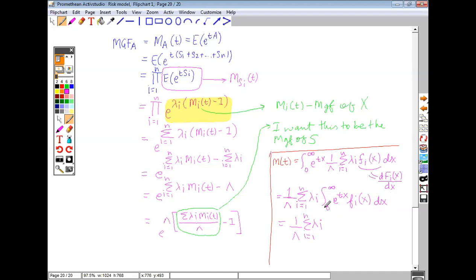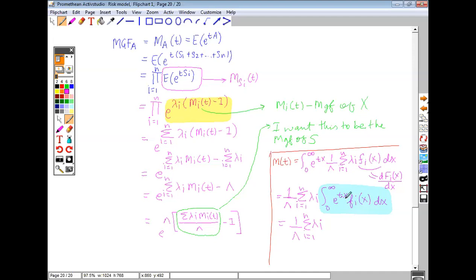And how can I rewrite this thing now? Can anyone see? What is this? This is e raised to tx f_i of x dx. How do you guys say I rewrite this here? It looks a bit like the expectation of e raised to tx, right?